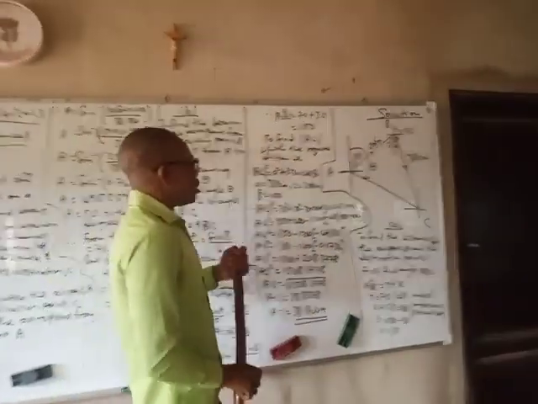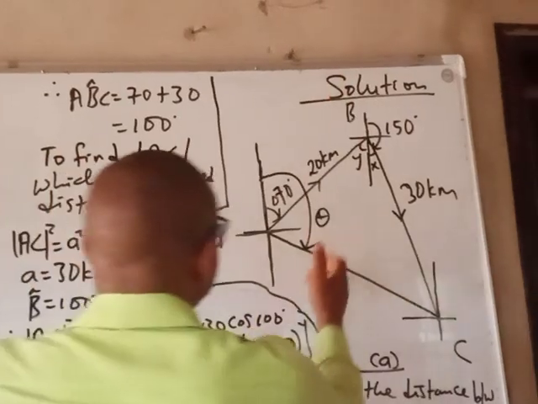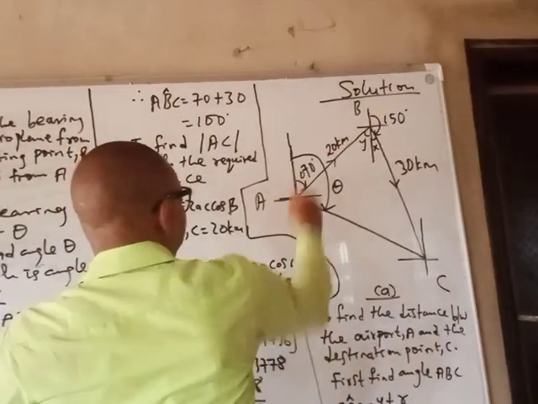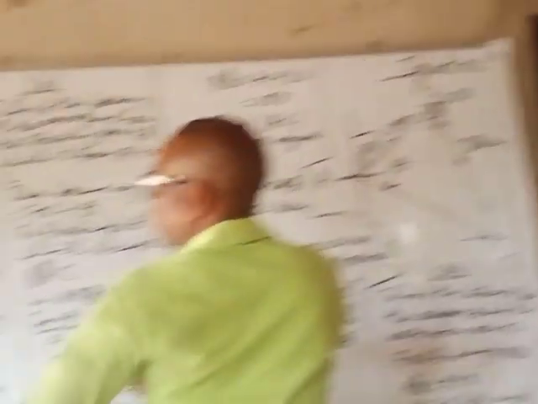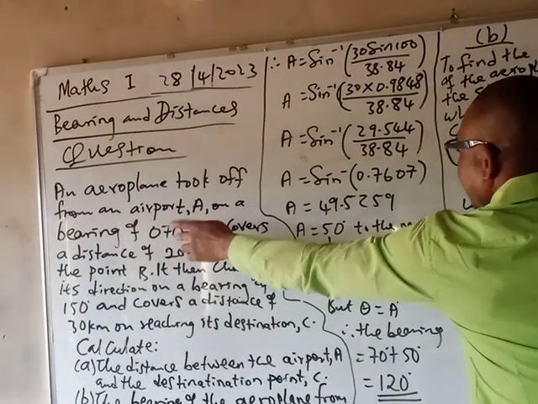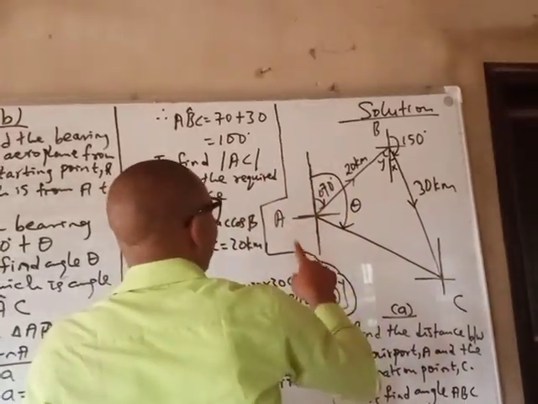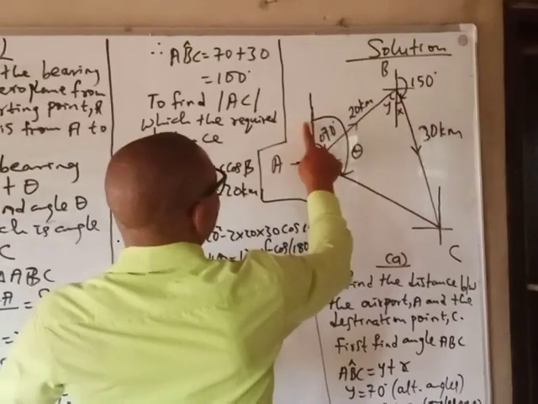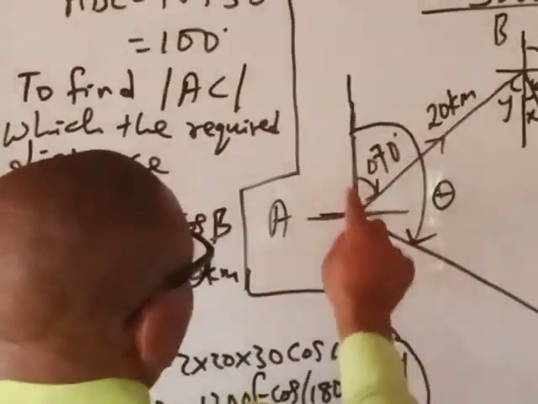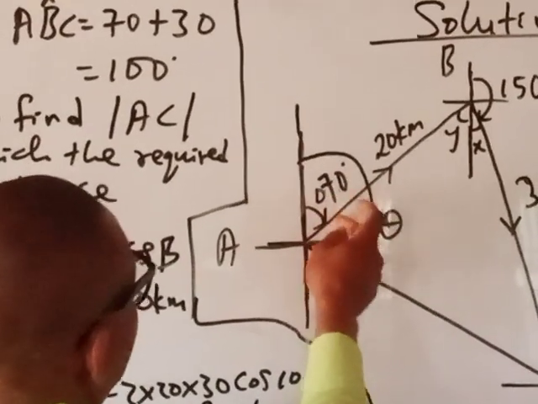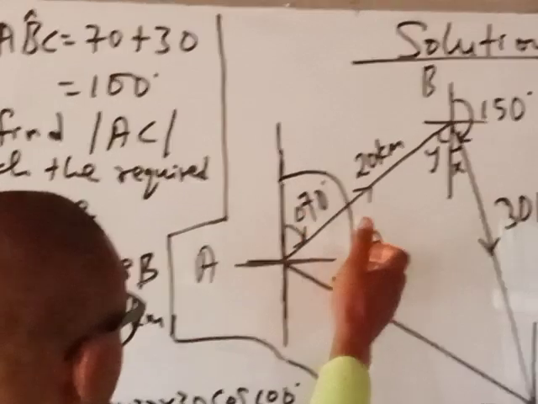Okay? In solving the calculation, starting from the point A, we draw the four cardinal points, north, south, east, and west. From the bearing, we see that the starting bearing is 070 degrees, moving in clockwise direction from the cardinal north of point A. We move until we get a point very close to 45 degrees, which is half between 0 and 90 degrees.